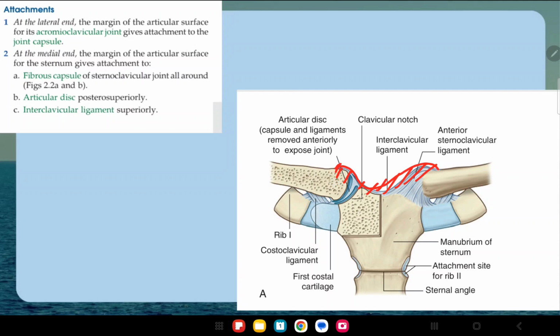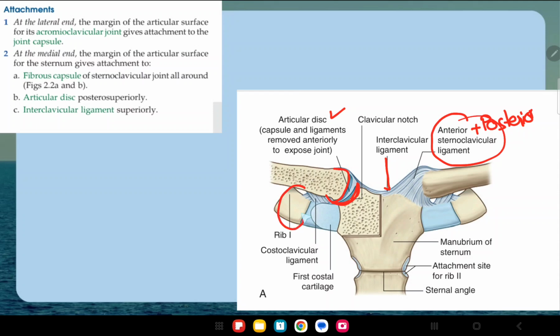And other things which you can appreciate here are the anterior sternoclavicular ligament. If they are saying anterior, there is also posterior, but the posterior is not visible in this picture. Interclavicular ligament, clavicular notch, which articulates with the medial end of the clavicle, articular disc.